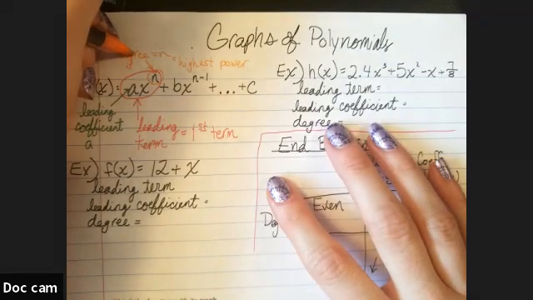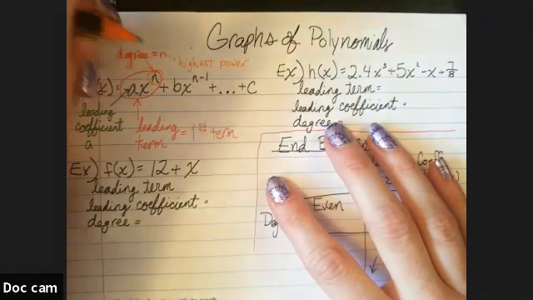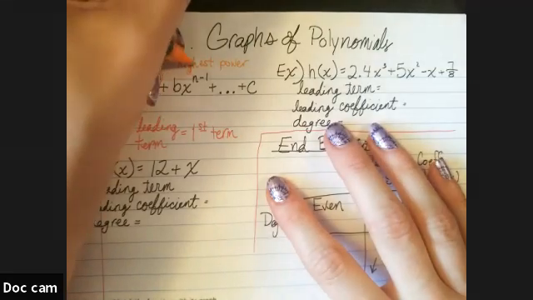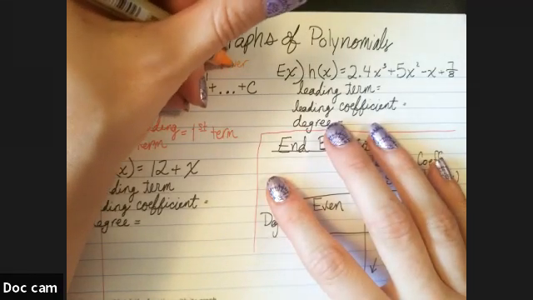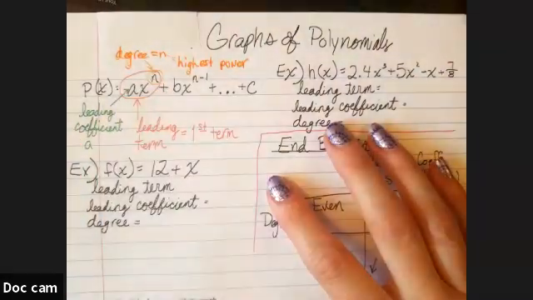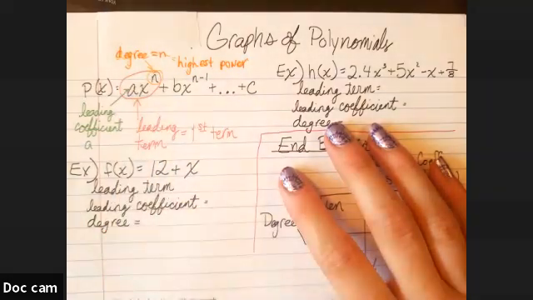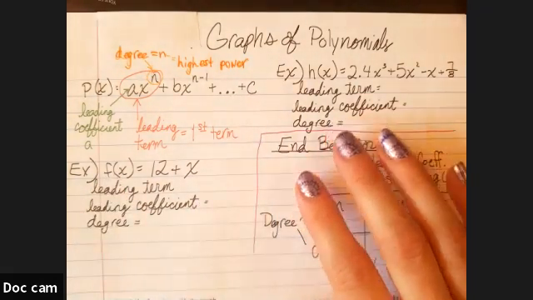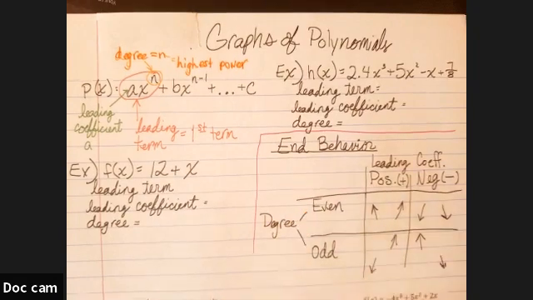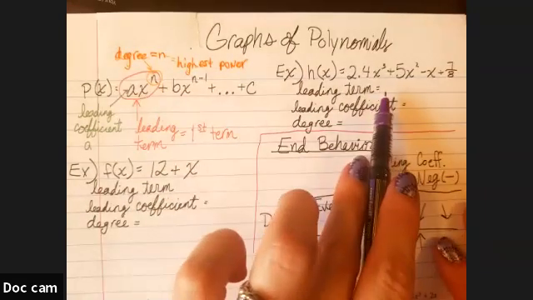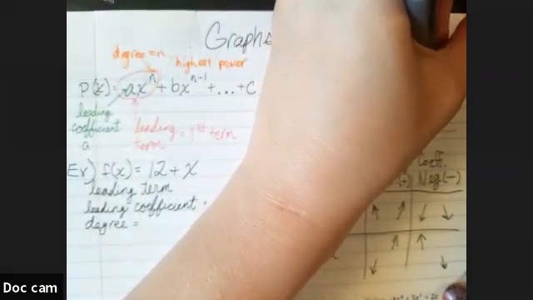That largest exponent is equal to the degree. And whatever the number is in front of that, that's your leading coefficient. That whole term is called the leading term. And then there's your constant term on the end. So in this example, the leading term would be 2.4x cubed. That means the leading coefficient would be 2.4 and the degree would be 3.